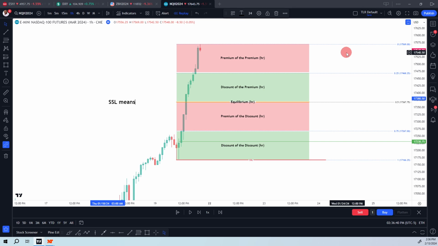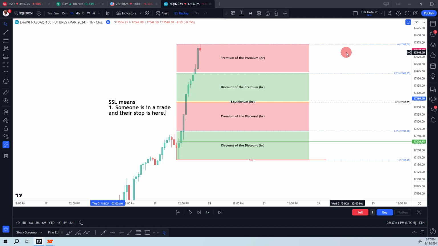means someone is in a trade and their stop is here, right?